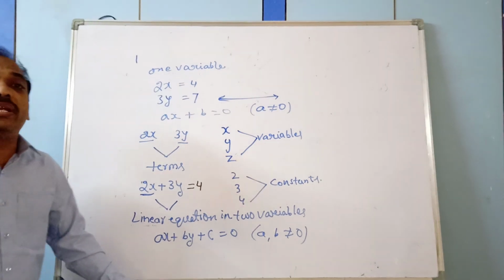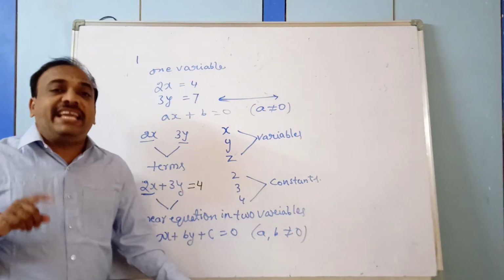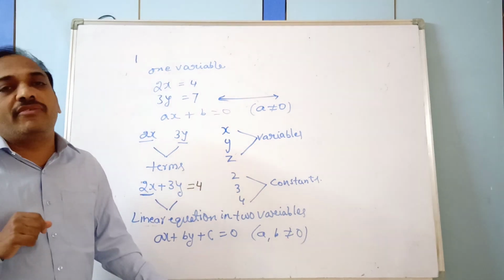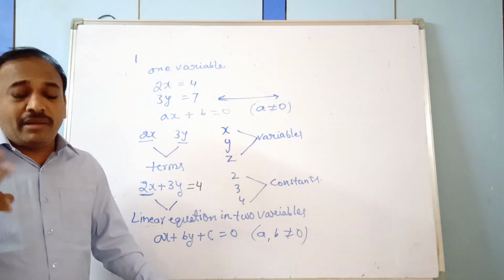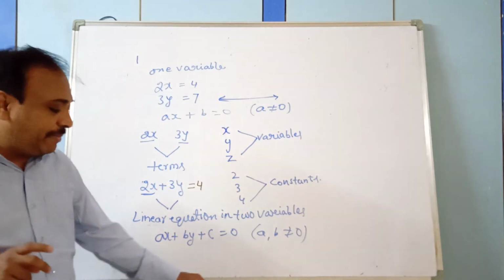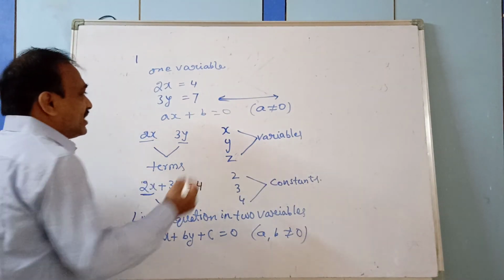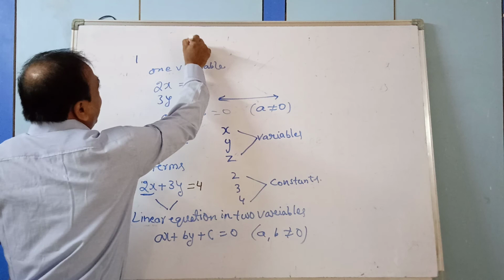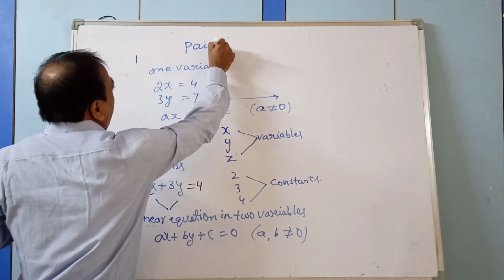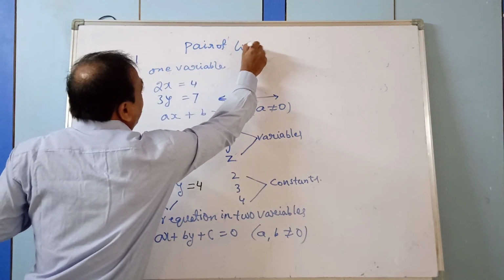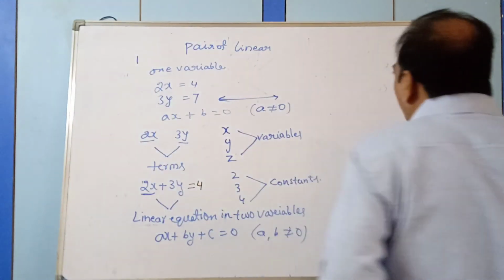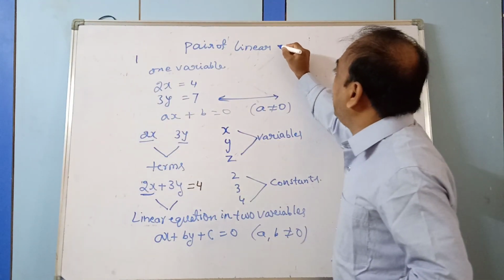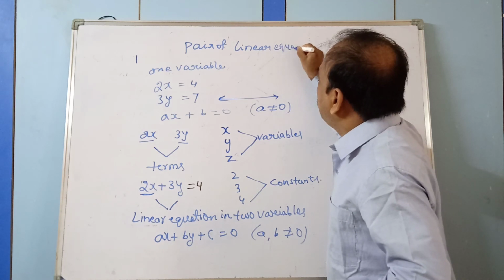So now we are going to deal with the topic pair of linear equations in two variables. Pair means what? Two. So today's topic is pair of linear equations in two variables.